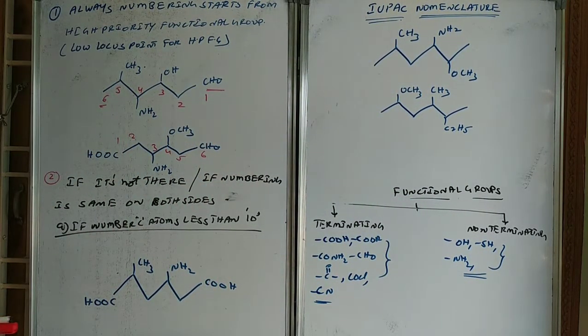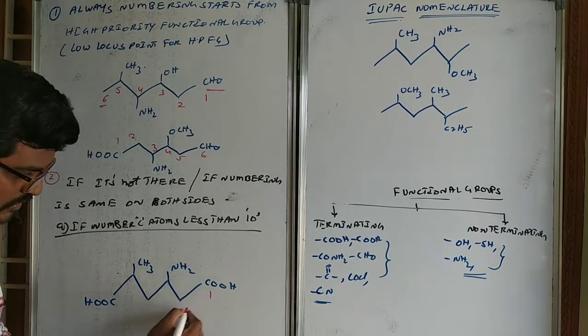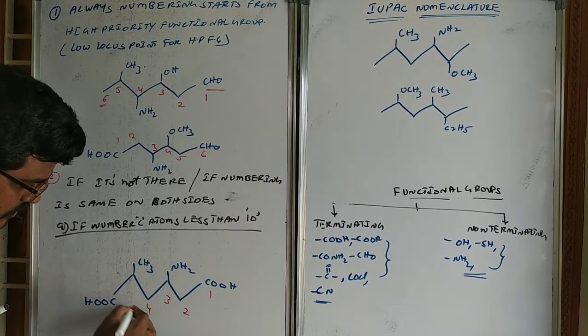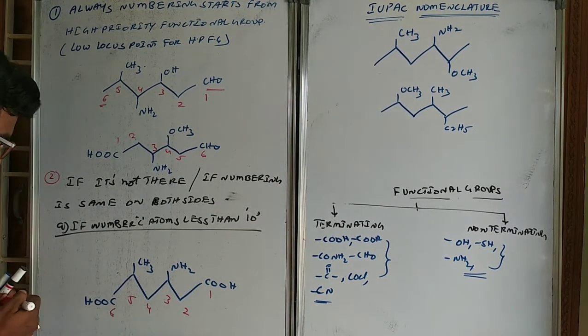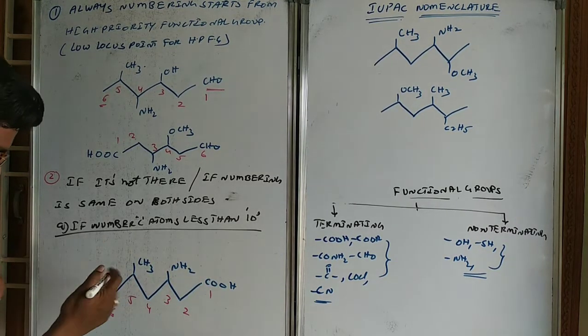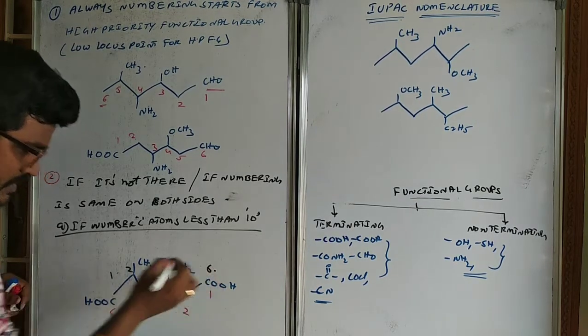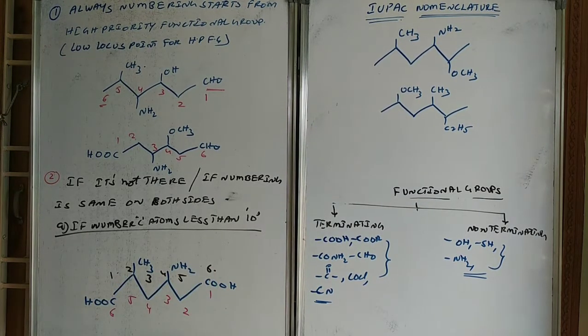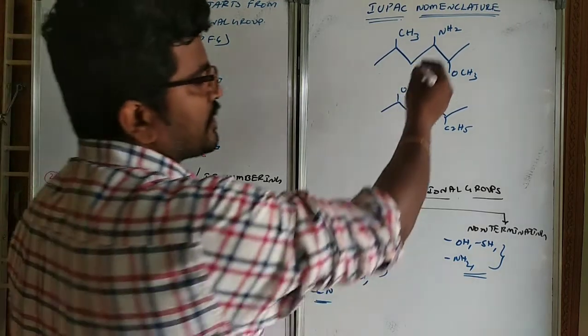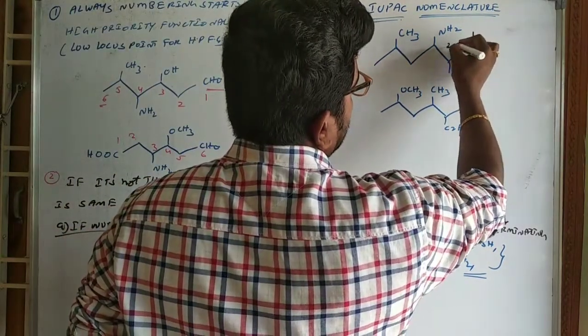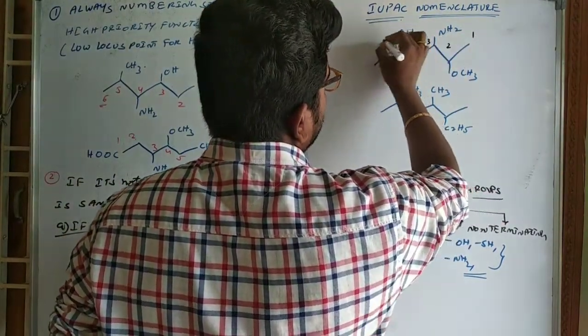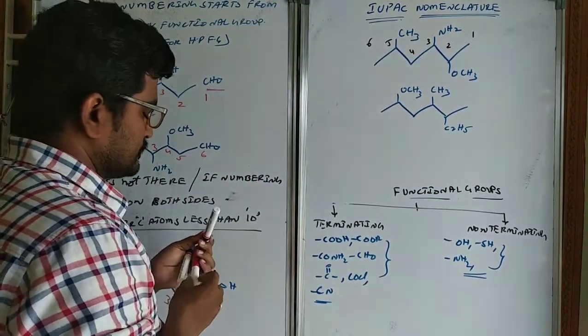So in this condition, you see, from this side you number 1, 2, 3, 4, 5, 6. From this side you number 1, 2, 3, 4, 5, 6 is there. So here, if you number from this side, 1, 2, 3, 4, 5, 6.